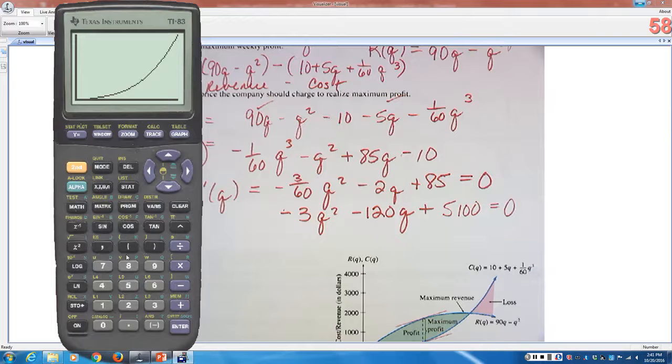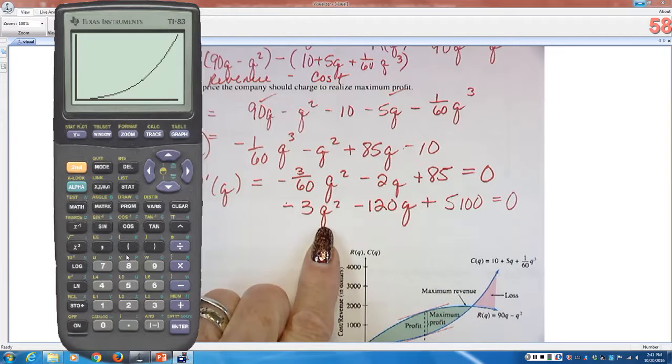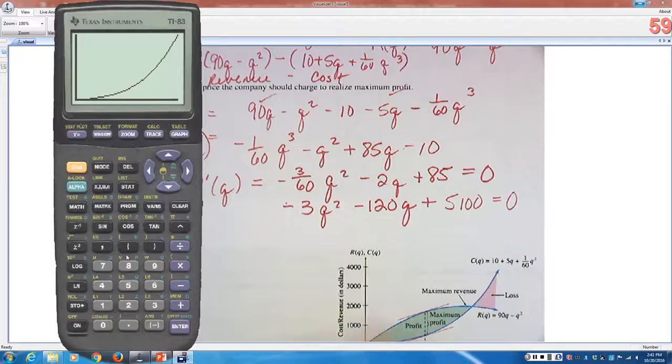Anybody want to factor that? Yeah, not me either. What would you do to set this equal to 0 and find out what value of Q gives you your maximum profit? Quadratic formula.